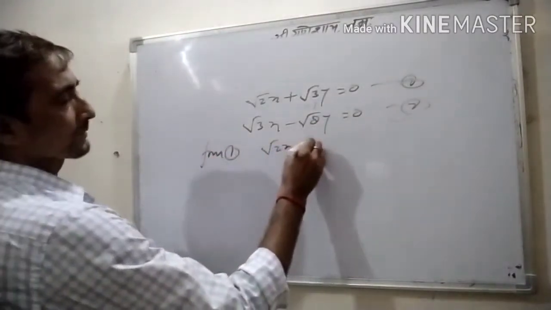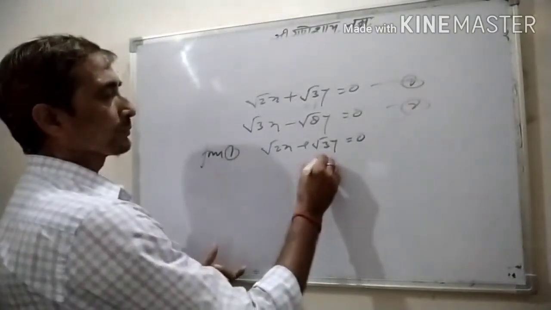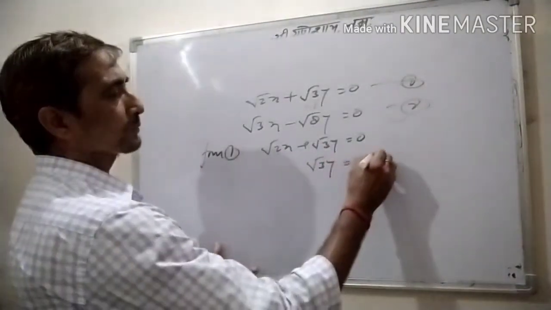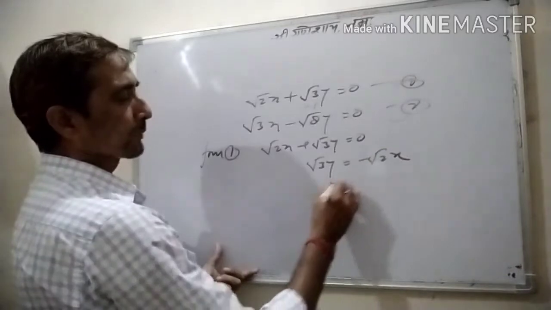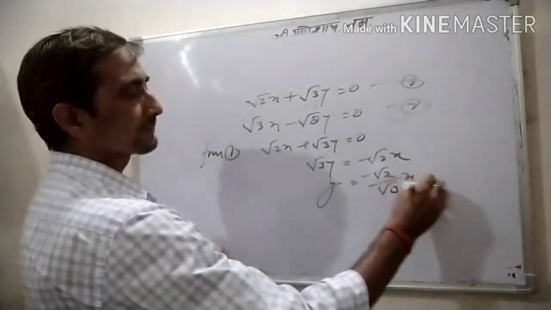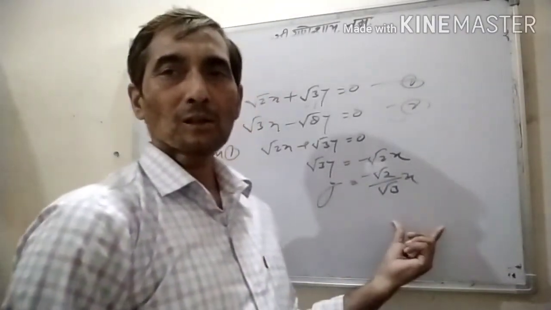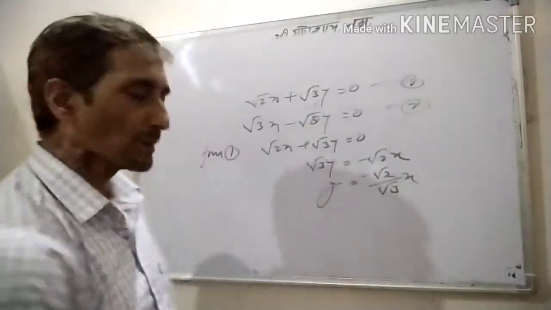Root 2 x plus root 3 y equal to 0. Now root 3 y is equal to minus root 2 x. Now y is equal to minus root 2 by root 3 x. Value of y in terms of x. Now substitute this value in equation number 2.